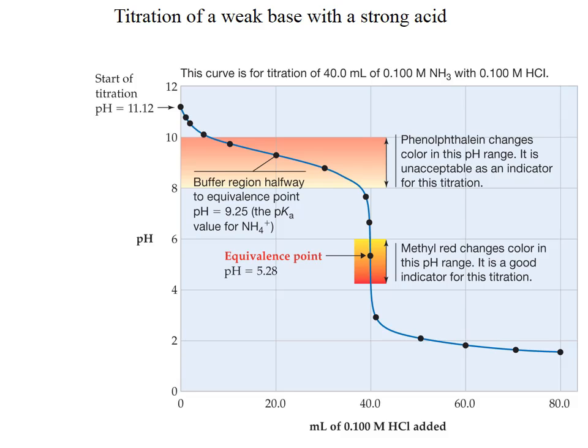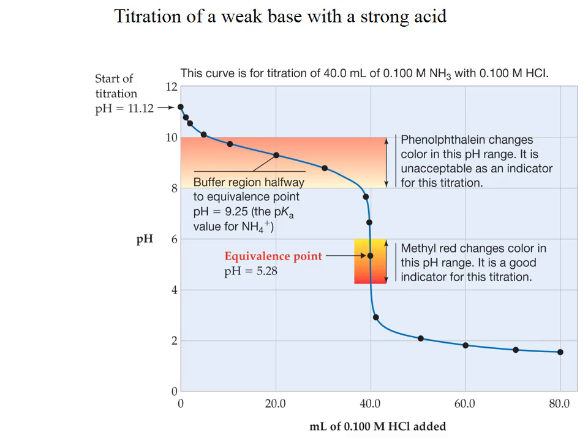This is an example of a weak base being titrated with a strong acid. And again, one of the important points here is that the choice of indicator is very important. If you had chosen phenolphthalein for this reaction, it would have been a poor choice of indicator, because you can see phenolphthalein changes color at a pH between 8 and 10, and that does not really coincide with the vertical part of the curve.